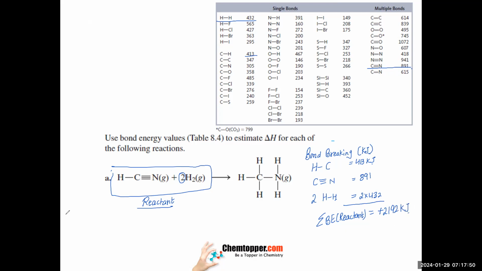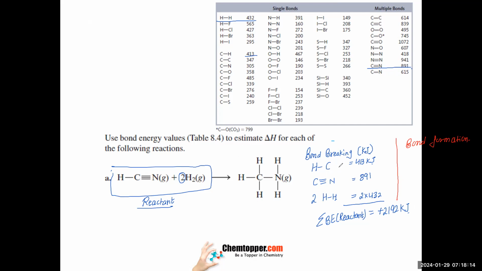Now let's see bond formation. What are the bonds which are forming? So I'm making 2 columns, right? This is how you're going to do it in your exam, free response. Identify bond breaking, bond formation, show them.